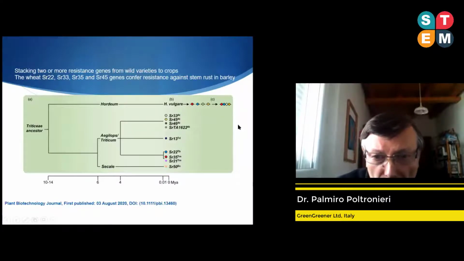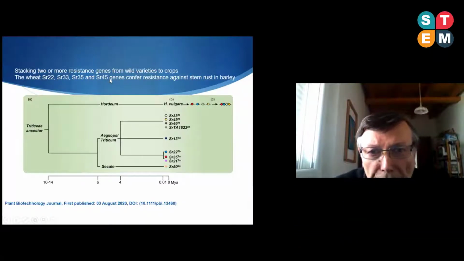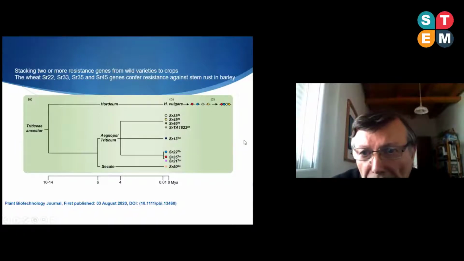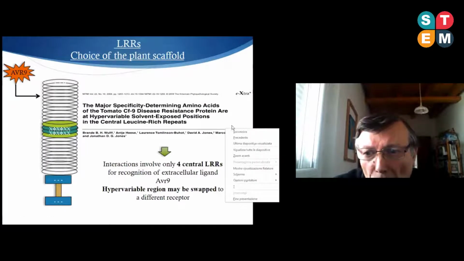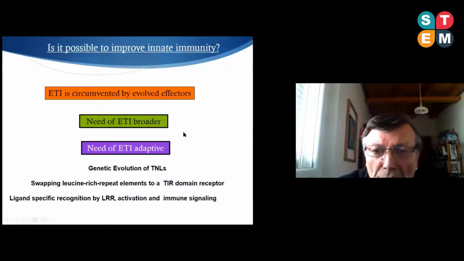So, for example, in wheat, we have 4 genes that can be transferred to barley and confer resistance to stem rust. But we always need new solutions, because effector evolution is ongoing.